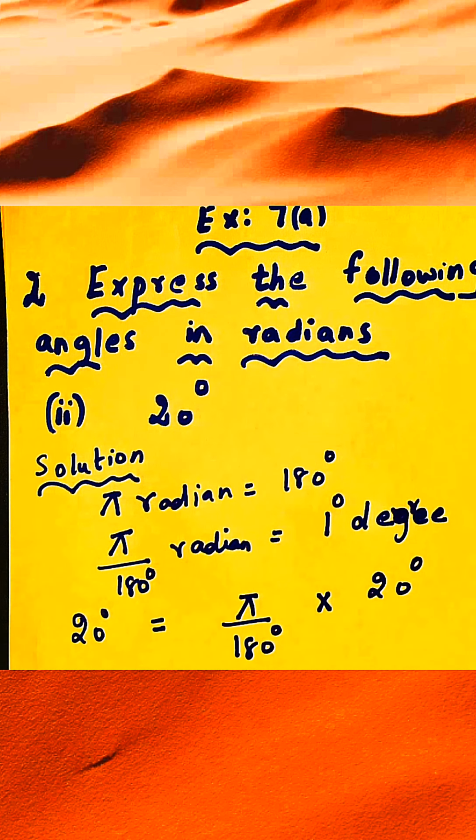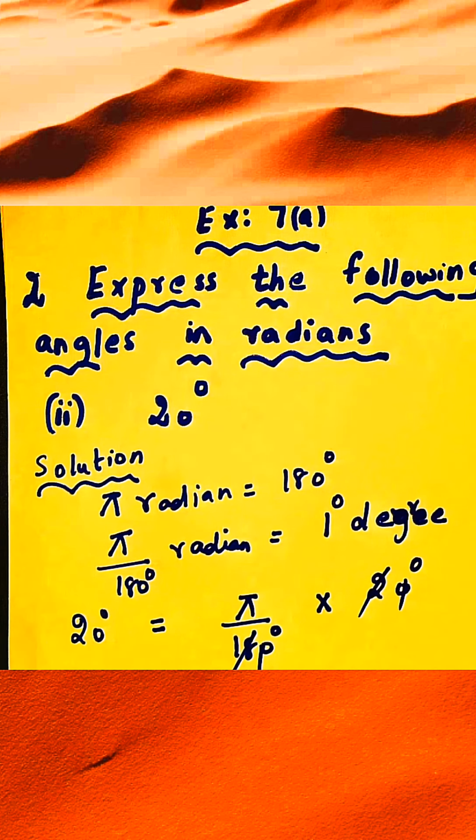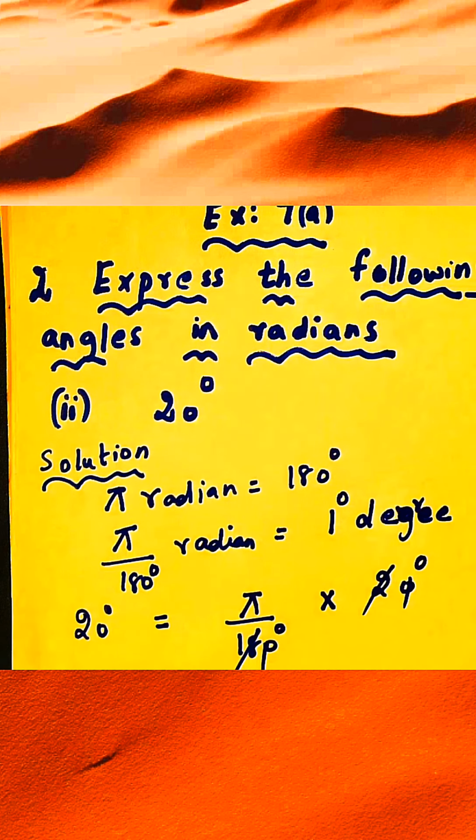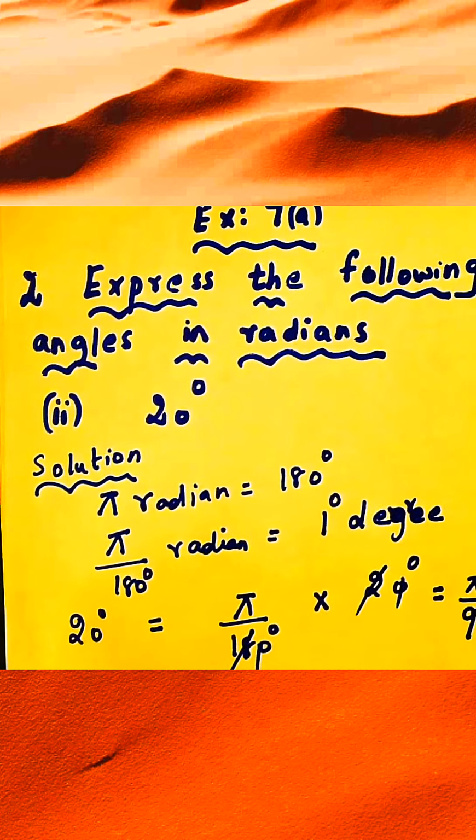Right, friends? So the 0s I can cancel. 1 2s are 2, 9 2s are 18, which is equal to pi by 9. Right?